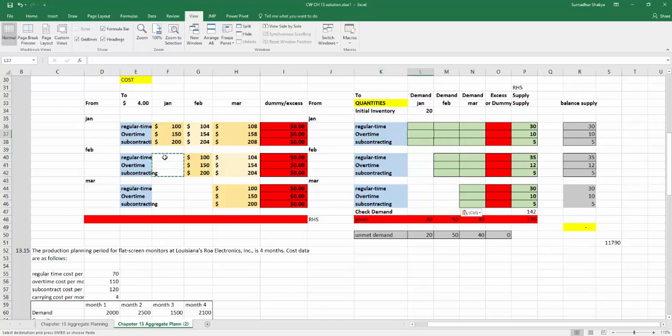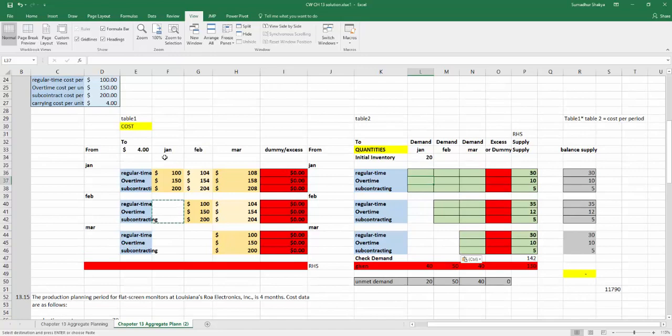So the first option we have is that in the month of January, or in the first period, you can produce here such that you can carry it over to the next period, or you can produce regular time in February itself, which would be here, or you can produce in the regular time of March.